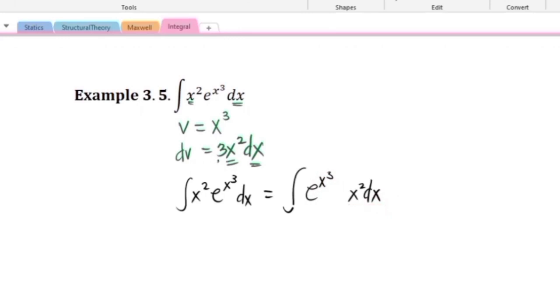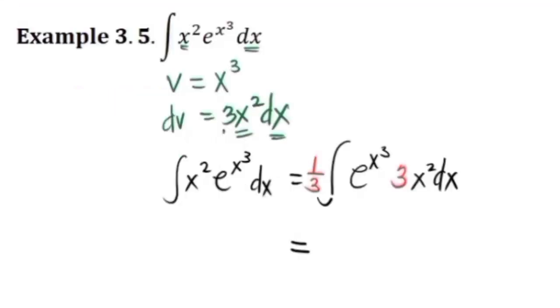So we have multiplied by 3, and sa labas, we have to multiply the reciprocal 1/3. Since the integral of e raised to v dv is equal to e raised to v, so this would be equal to 1/3 e raised to v. So e and your v is x cubed plus the arbitrary constant c.